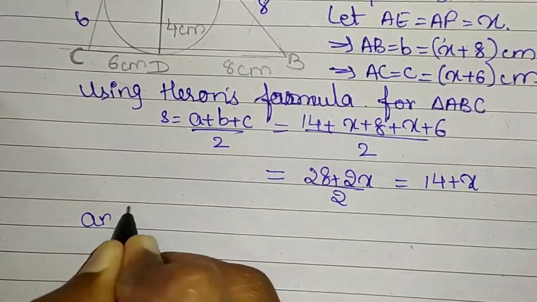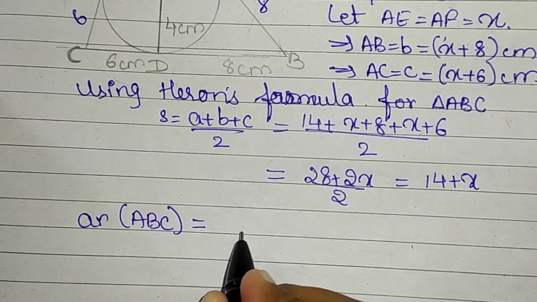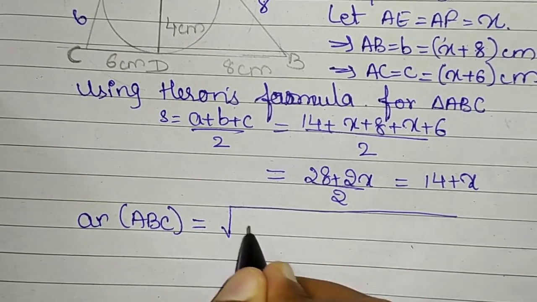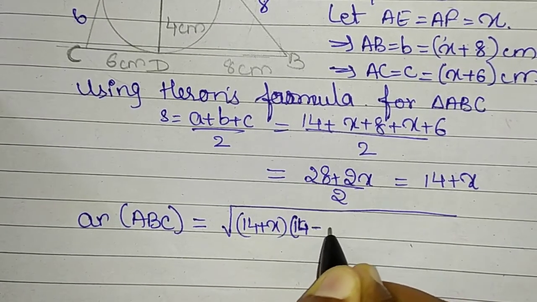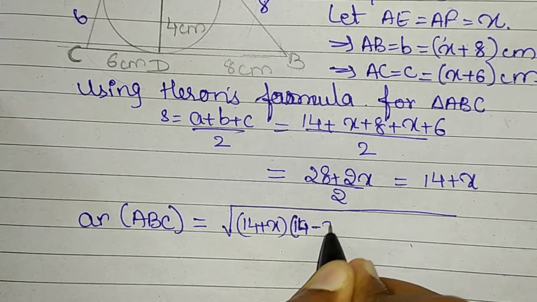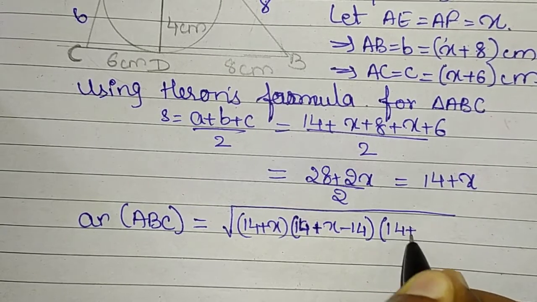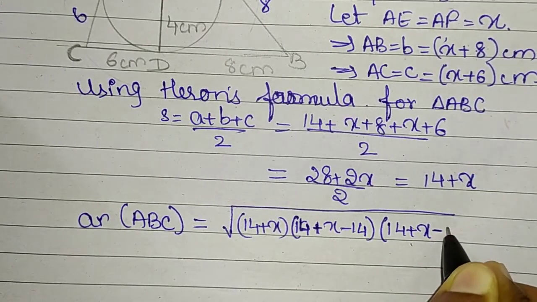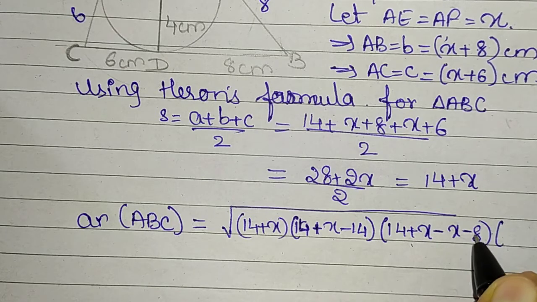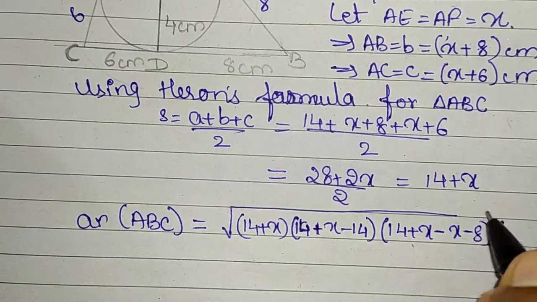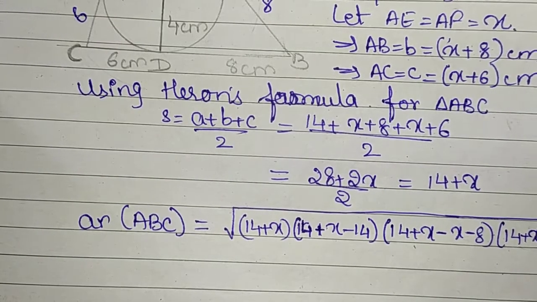Now the area of triangle ABC is equal to the square root of S into (S minus a), that is 14 plus x into (14 plus x minus 14) into (S minus b), 14 plus x minus (x plus 8), which when we open the bracket becomes x minus 8, and lastly we have S minus c, that will be 14 plus x minus 6.